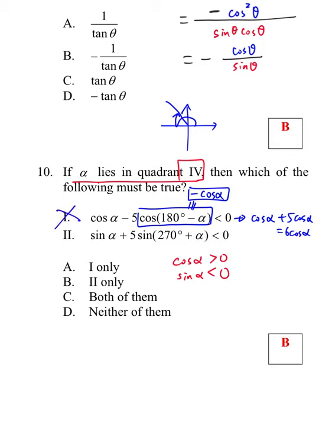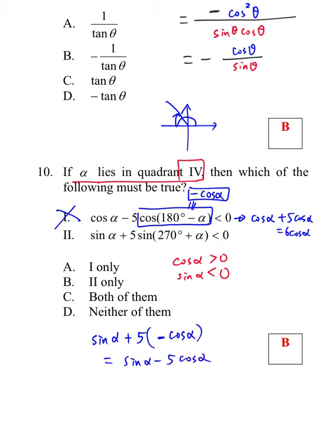Similarly, for the second statement, sine alpha plus 5, 70 degree means that the ratio has to be changed, and you have to add an arbitrary negative sign. And then you simplify sine alpha minus 5 cosine alpha.